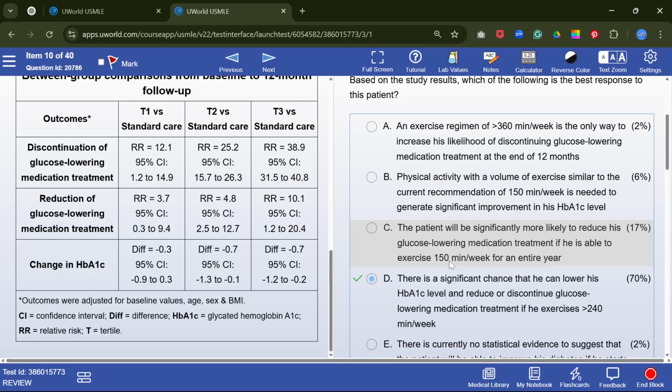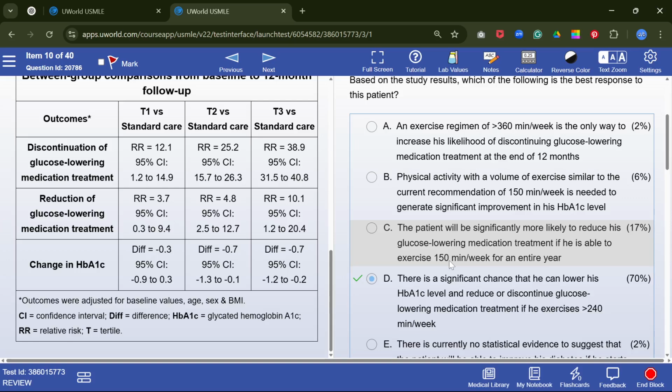Okay, so they're saying that only T1 will show improvement in A1C. That's what option B is saying. Let's do T1. We have negative 0.3, which is included in the confidence interval, so it's good. And the confidence interval does not include 1, so that applies to the answer.